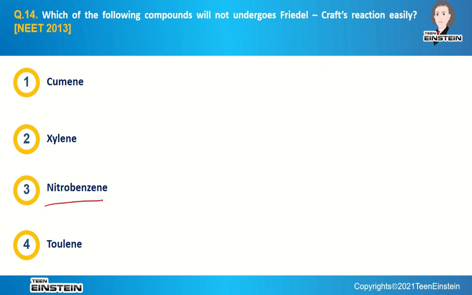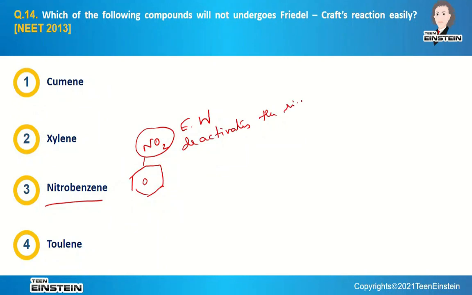In this, nitrobenzene does not undergo Friedel-Crafts reaction because the nitro group of nitrobenzene is a strongly electron withdrawing group and deactivates the ring, so the electrophile cannot attack the benzene ring easily. So nitrobenzene becomes incapable of giving Friedel-Crafts reaction. So the correct answer is option 3.